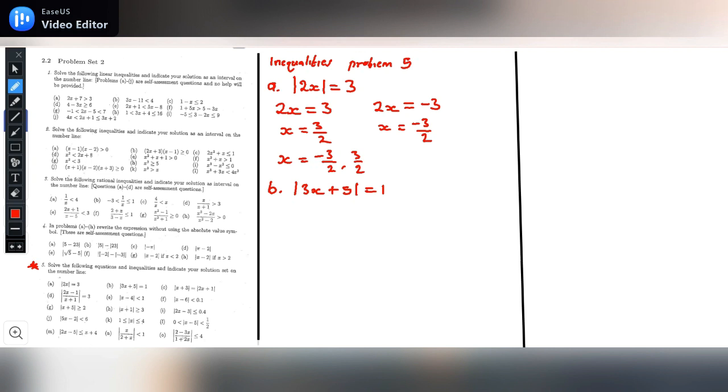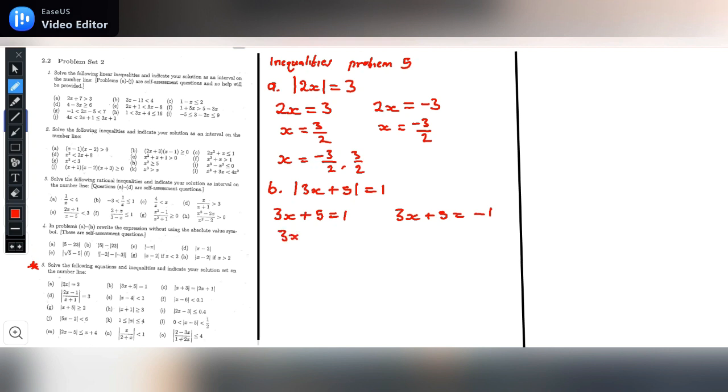The first one, we write it the way it is, as 3x plus 5 equals 1. Then the second one, we write the expression inside the absolute value the way it is, which is 3x plus 5. Then change the sign of the value after equals. Because it's positive, therefore it's going to be negative.